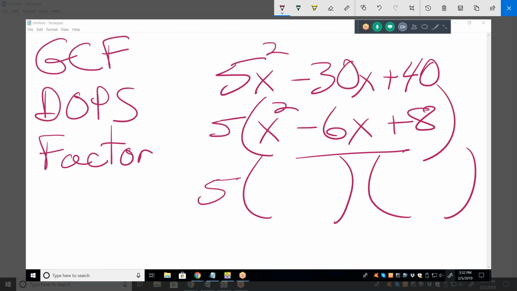Factor that quadratic in the way I taught you. It would be x, and then the signs would have to be a minus and a plus sign. Hold on. What does that tell you?